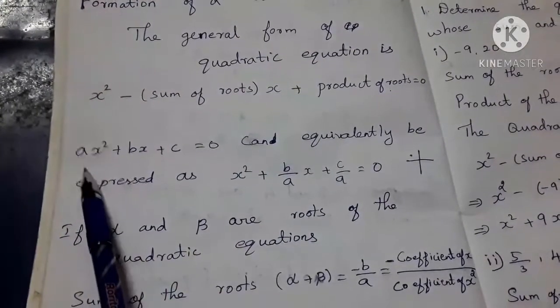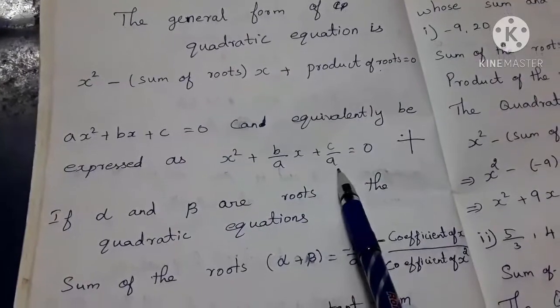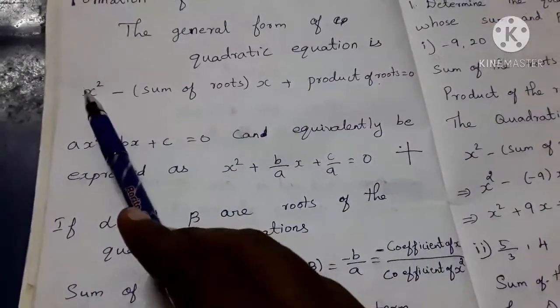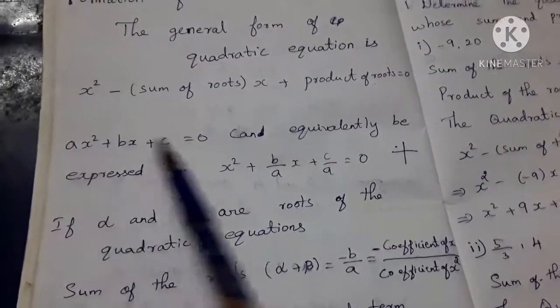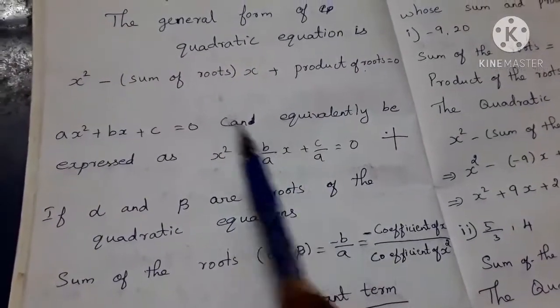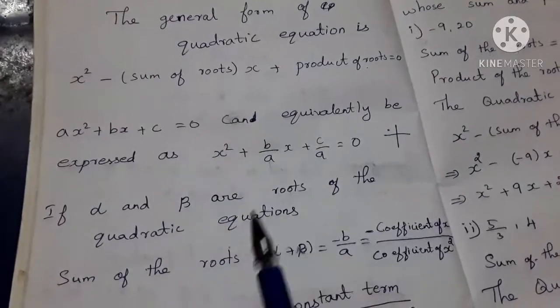If we have a coefficient, we have to divide the other terms by that coefficient. Here the coefficient of x squared is a, so we have to divide the other terms by a. So this and this are equal.